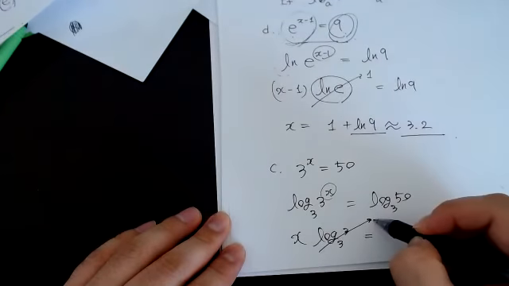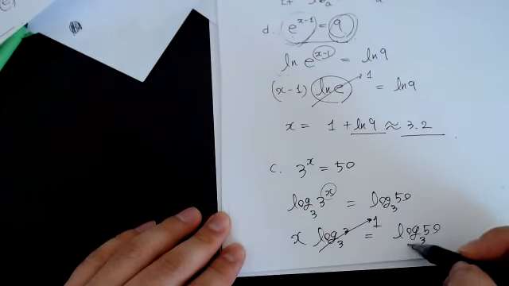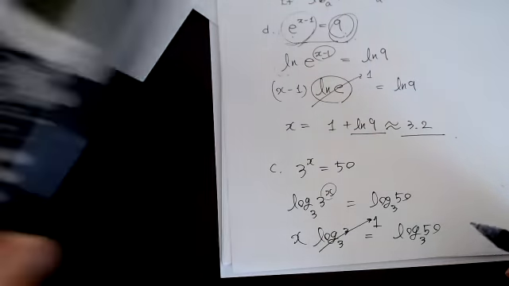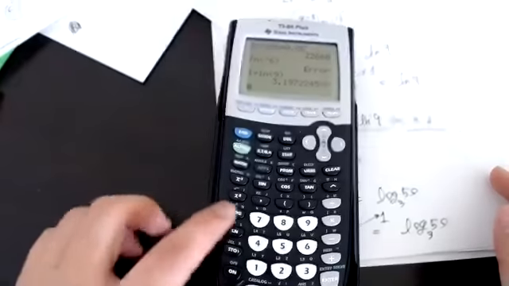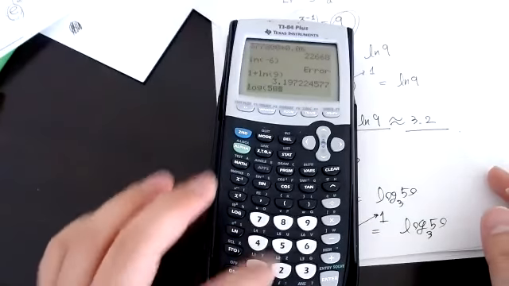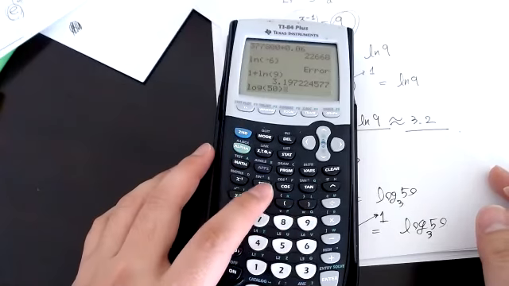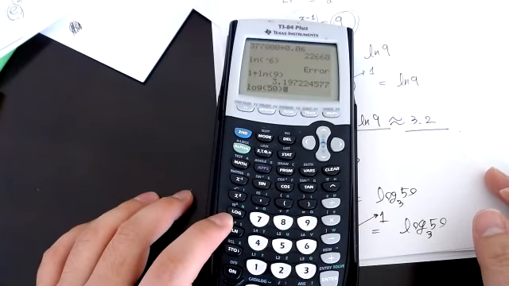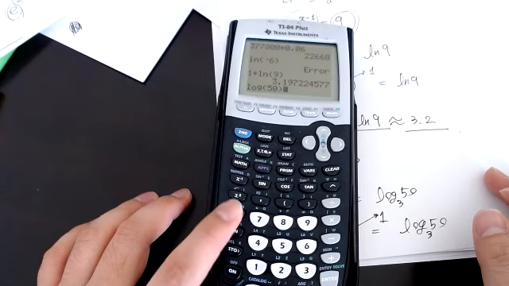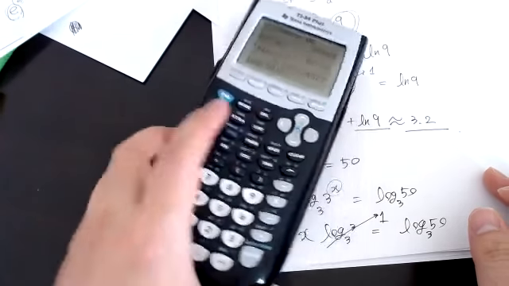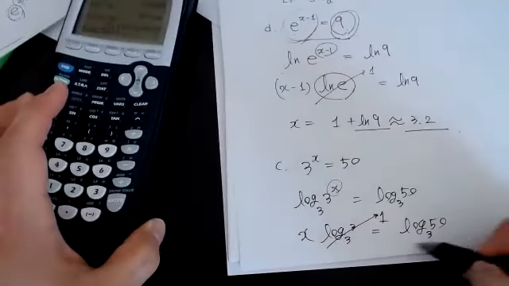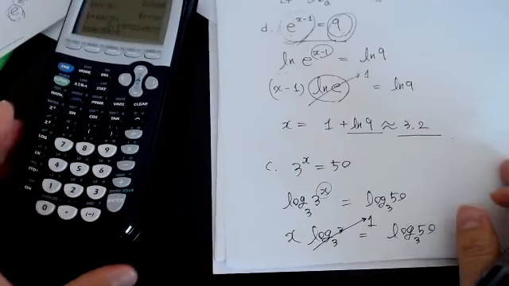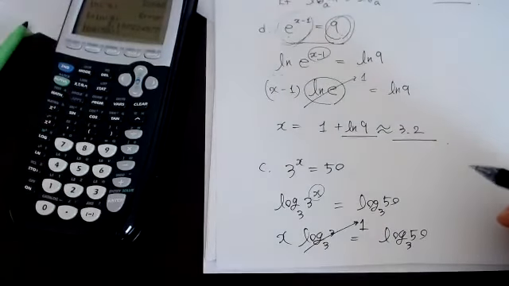This is 1, so x equals log of 50 to the base 3. But on the calculator, the log in the TI series is the common log. How can you figure out log of 50?